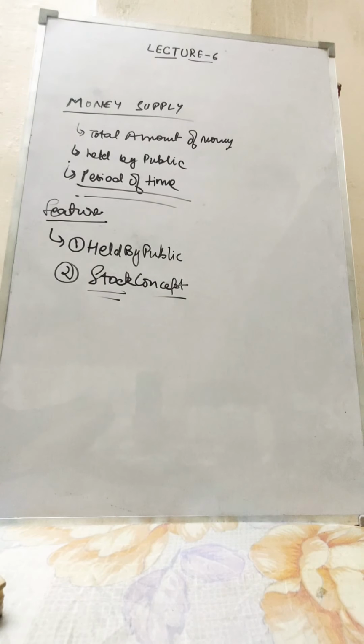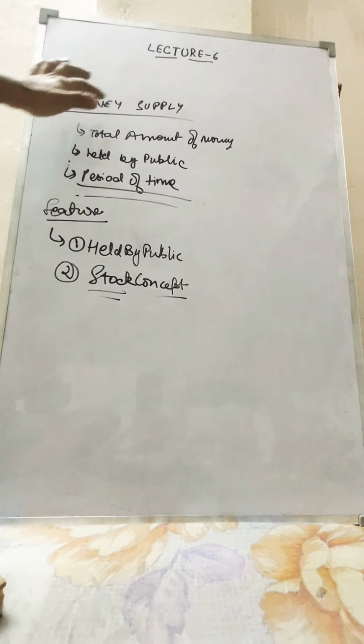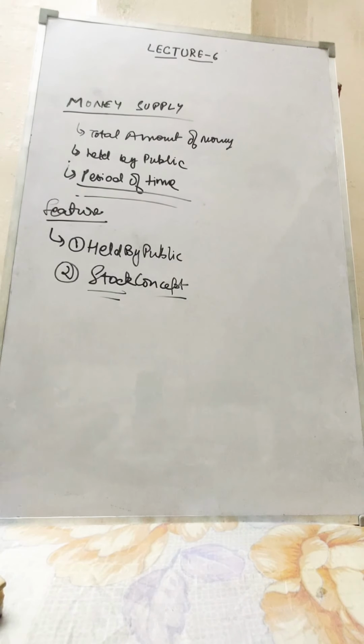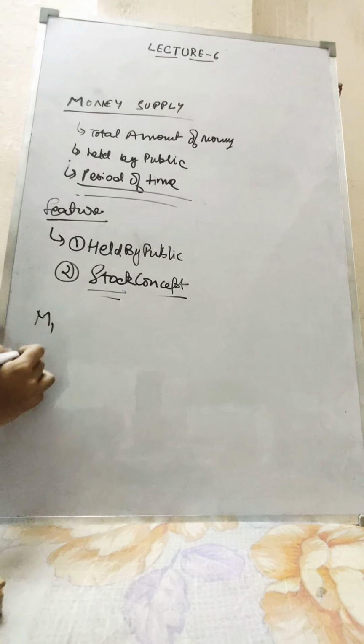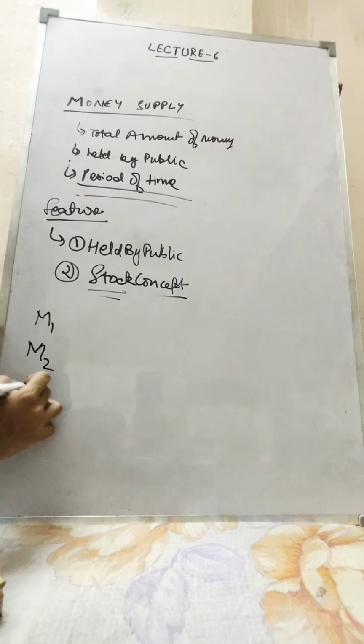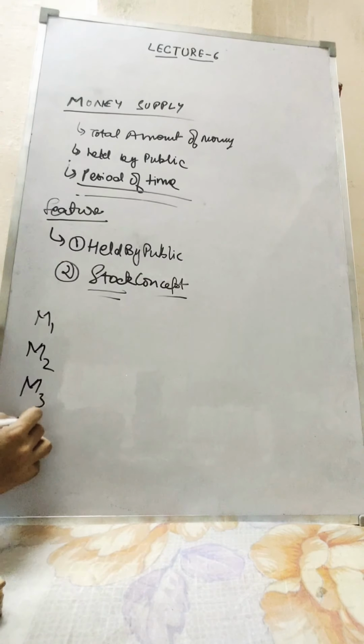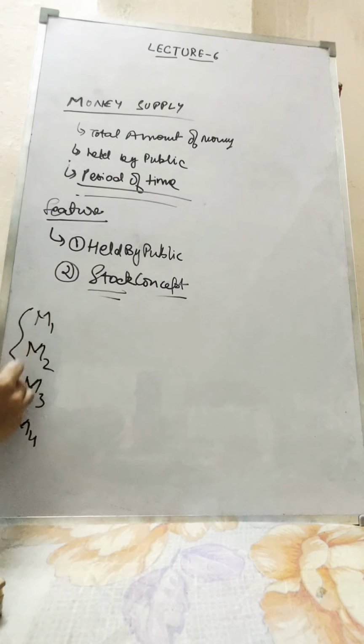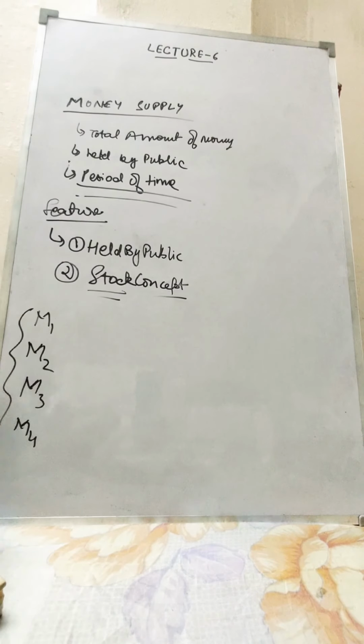So now, coming to how to calculate money supply. Whenever you need to calculate money supply, there are 4 methods to calculate it. First is M1, second is M2, third is M3, and fourth one is M4. Why do we call it M1, M2, M3, M4?